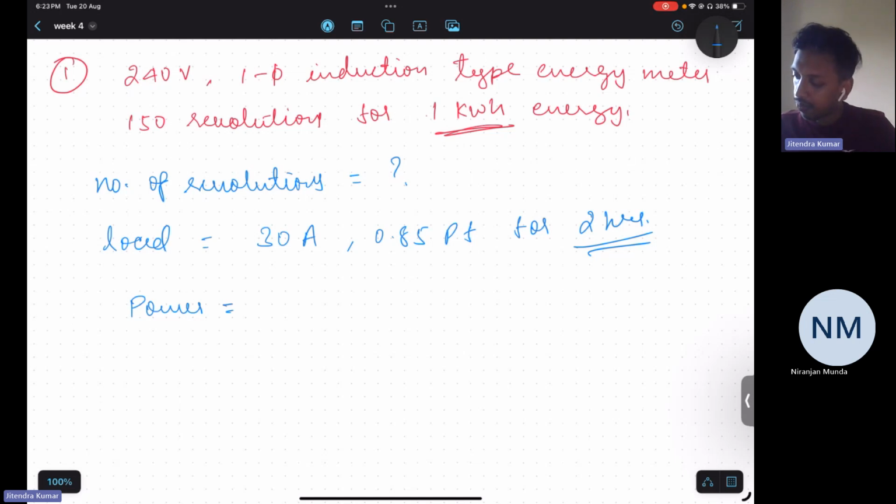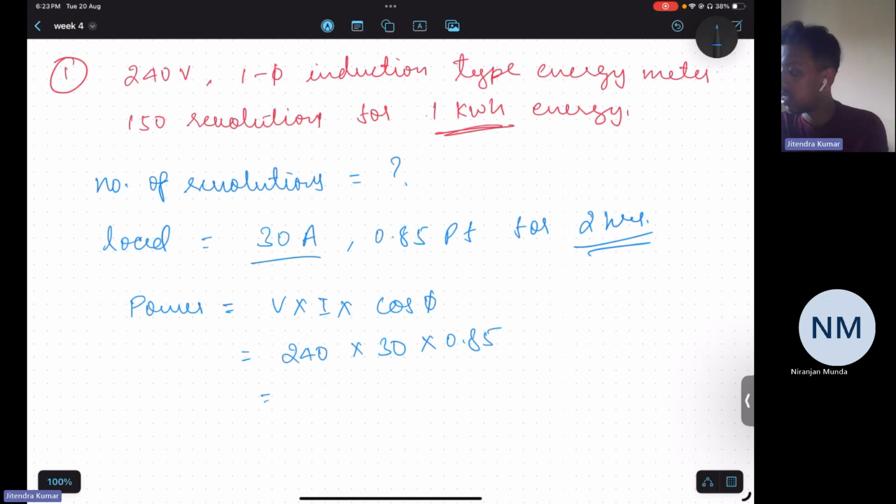Power is nothing but V into I into cos phi. So voltage is 240, current is 30, and cos phi is 0.85. If we calculate, it will come out to be 6.12 kilowatt.